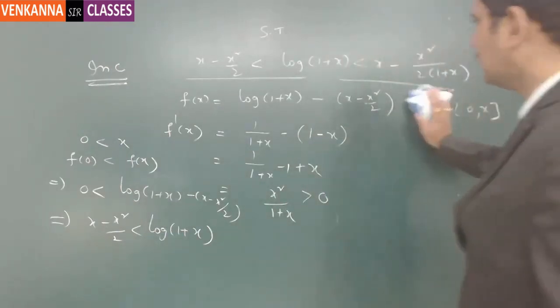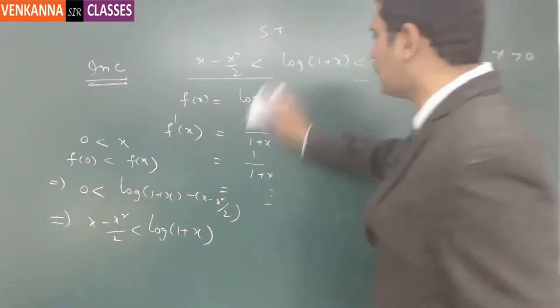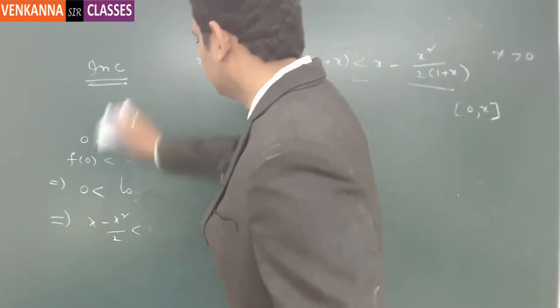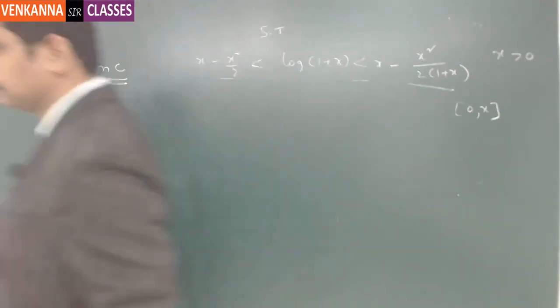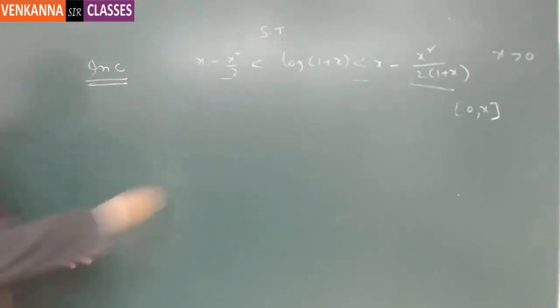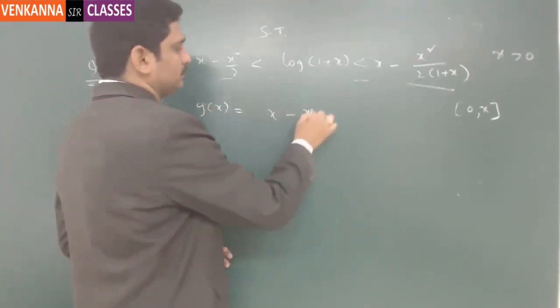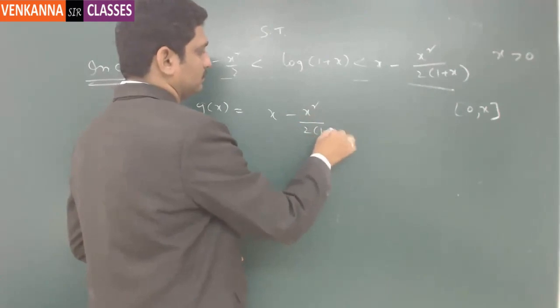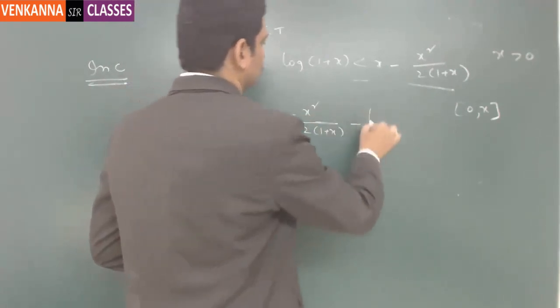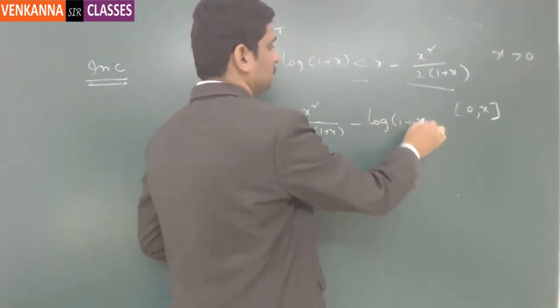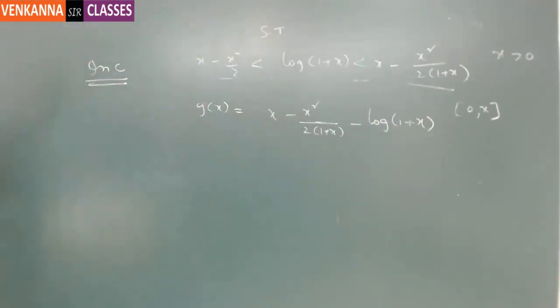Now for the second part, I will define the function: take g of x is equal to x minus x square by 2 into 1 plus x minus of log of 1 plus x.